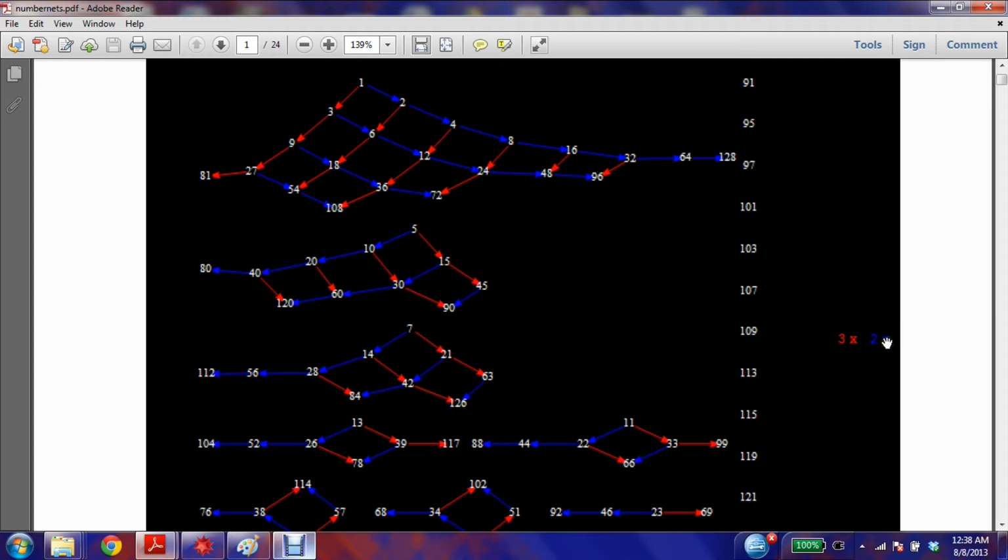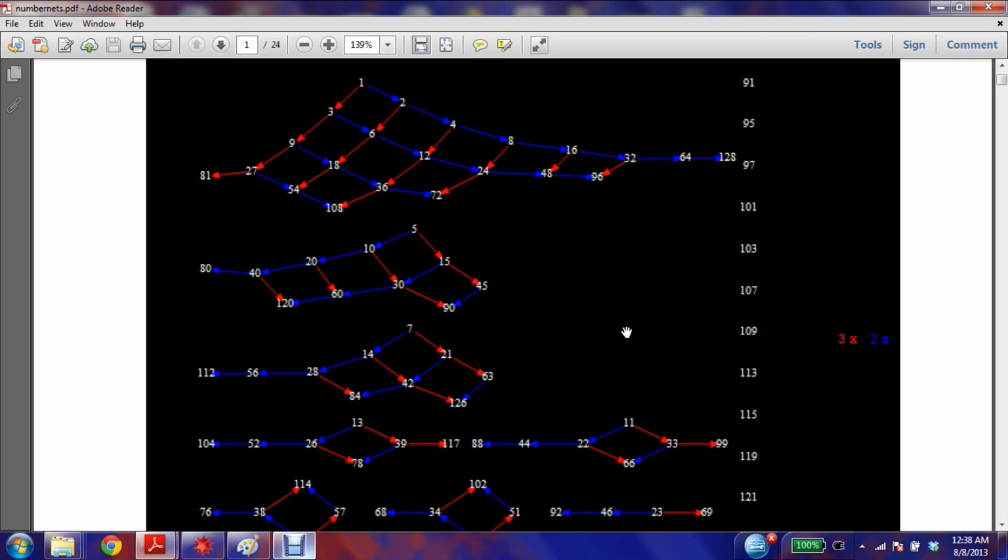So if that's all we did, we'd get a very boring network, but we also added in an extra thing. We added an extra 2x function as well. So we have these blue edges representing multiplication by 2. So 5 points to 10, 10 points to 20, 20 points to 40, etc. These blue edges represent multiplying by 2.